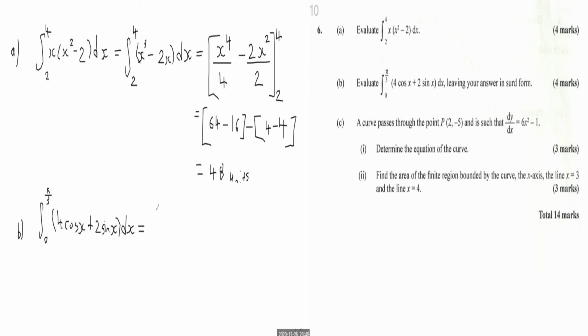When we integrate cos, we get sine. So it works out to be 4 sin x. Then when we integrate sine, we get minus cos. So this works out to be minus 2 cos x. And of course, we're integrating from 0 to pi by 3.